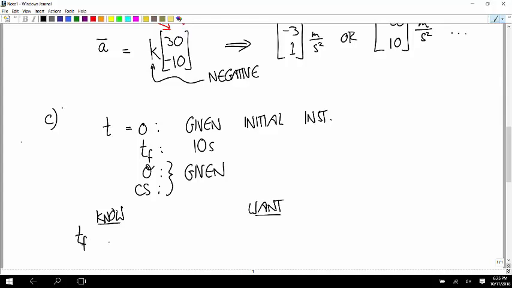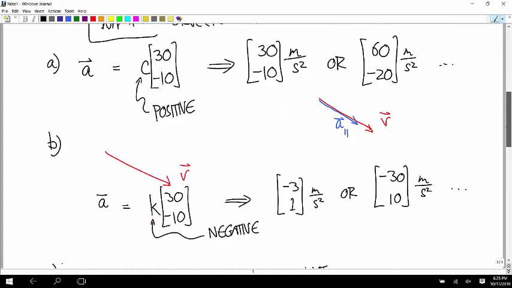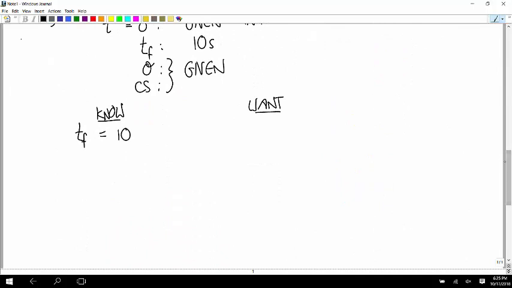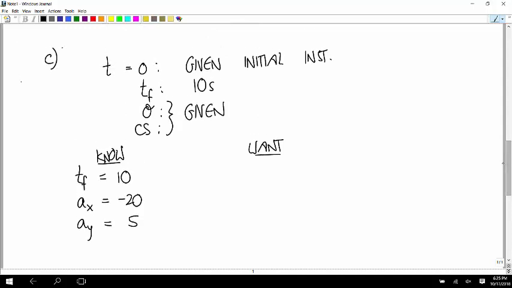Our time final is 10. Our acceleration is the vector negative 25, was it? So AX is negative 20, AY is positive 5. For our initial position, you know what? What I said earlier isn't quite true. Sorry about that.